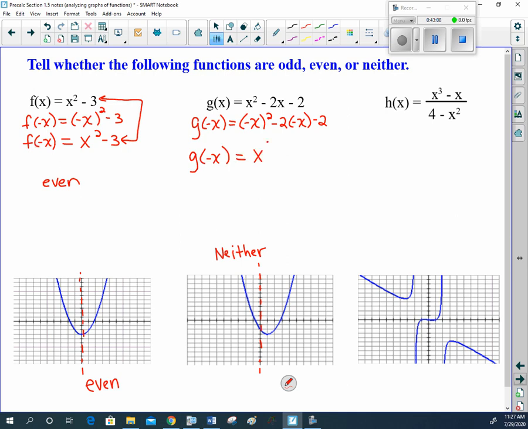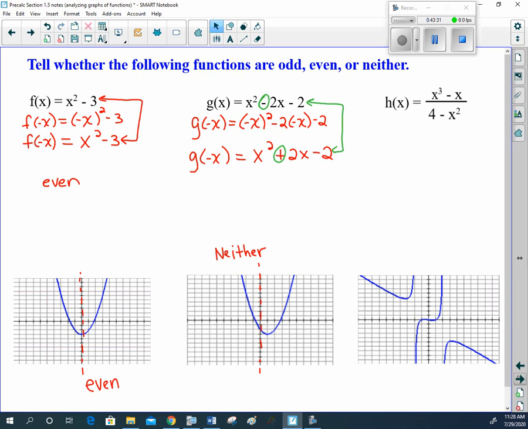That's x squared plus 2x minus 2. Okay, does that look like the original? I don't think so. I'm looking right here. That sign is different than that sign. So that's not even. Is it exactly opposite? No, because these two signs are the same, so that's why it's neither.